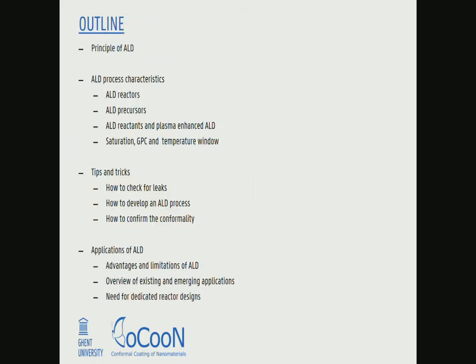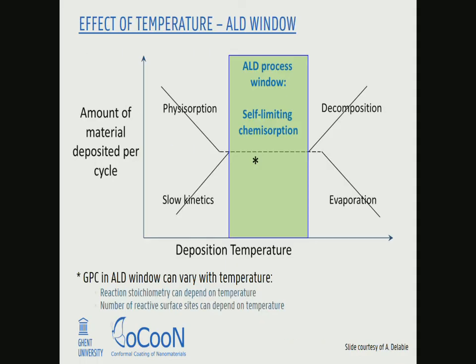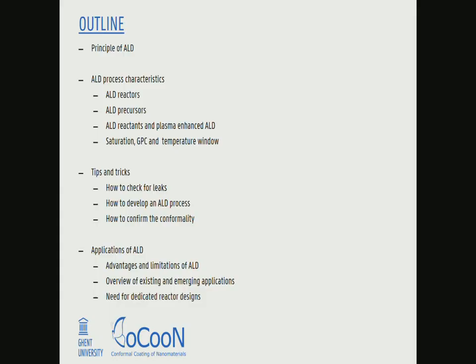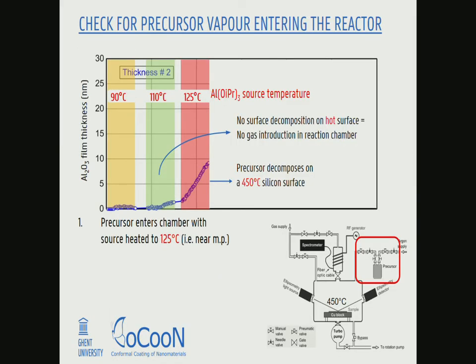So in essence, you're intentionally positioning yourself in this regime. You go to very high temperature and you intentionally aim for whenever precursor molecules enter your reactor, they should decompose, and you use that because it's very difficult to determine, unless you have FTIR, whether vapor is actually making its way into your reactor.